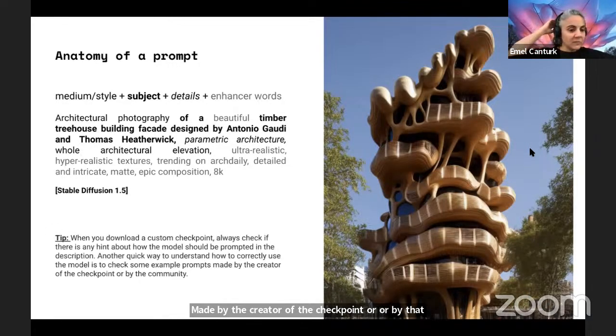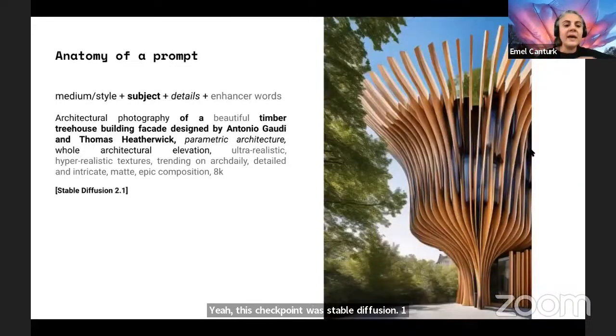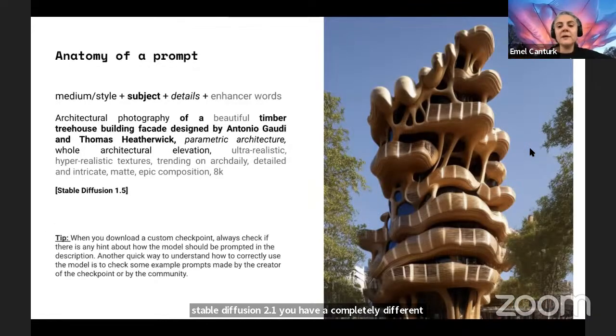This checkpoint was Stable Diffusion 1.5, and with exactly the same prompt, for example here with Stable Diffusion 2.1, you have a completely different image. Of course, also in Stable Diffusion 1.5, I had lots of different outputs for that prompt, but more or less in that composition.